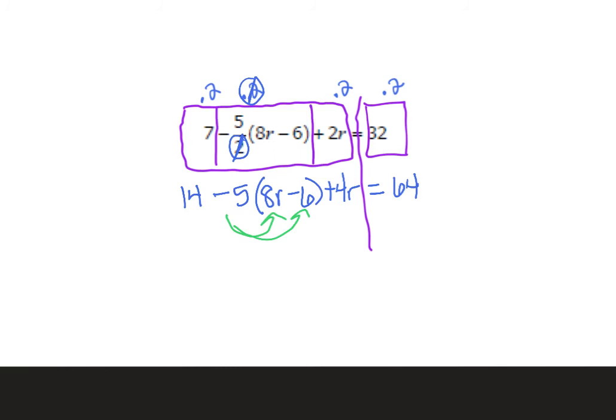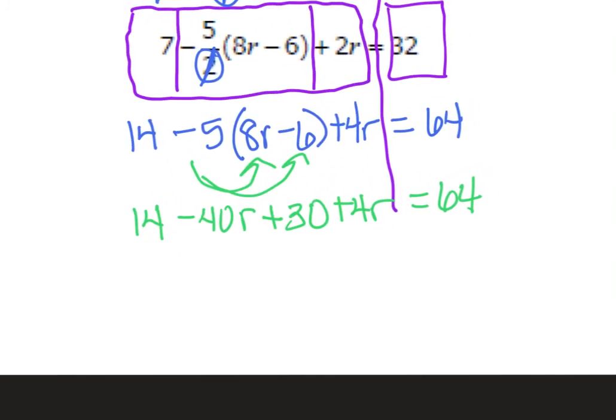So, bring down my 14. Do not forget to distribute the negative 5 to both terms. So, negative 5 times 8r is going to give me negative 40r. Negative 5 times negative 6 is going to give me positive 30. And then bring down my 4r and my 64.